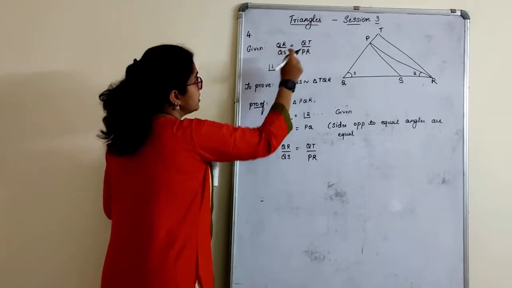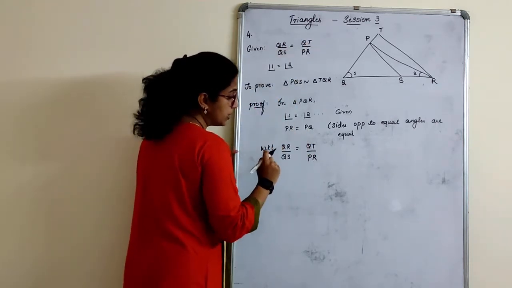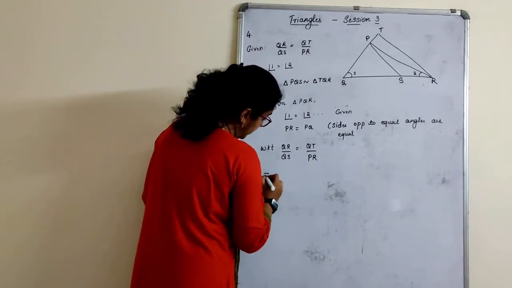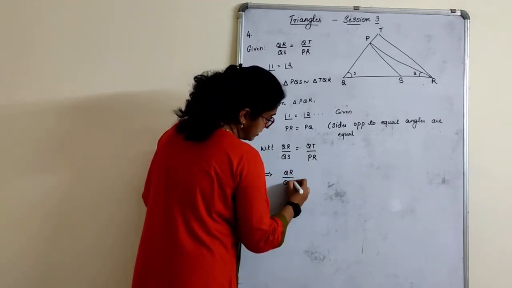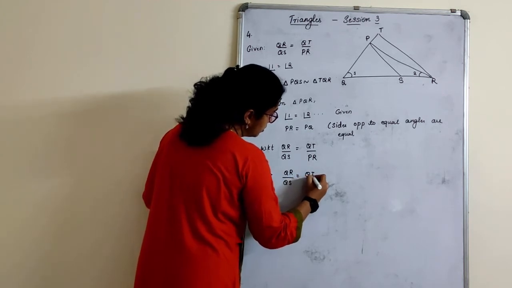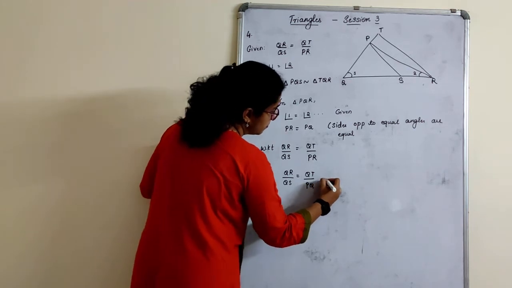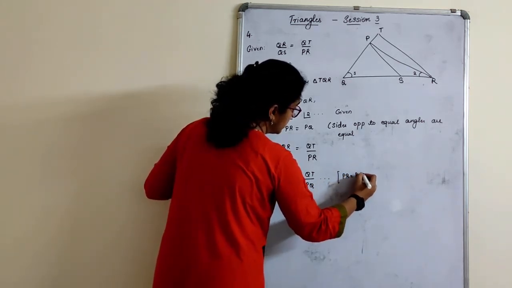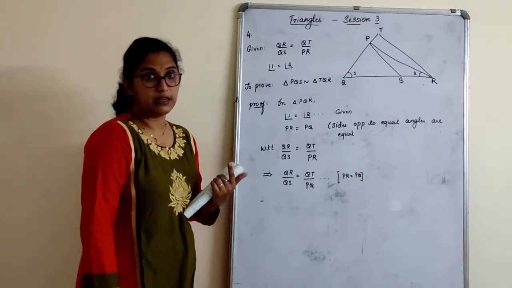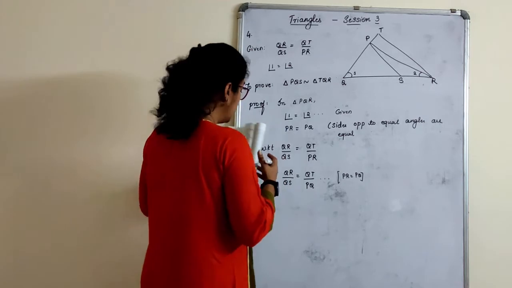But PR is equal to PQ. So I will rewrite this statement as QR upon QS is equal to QT upon PQ, because PR is equal to PQ. Till here it is very clear. Keep this as it is now.